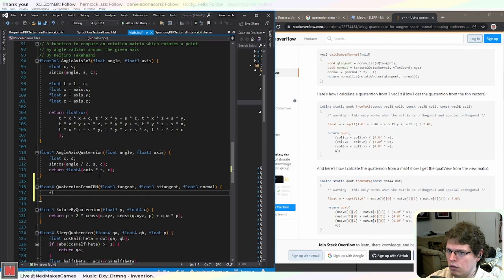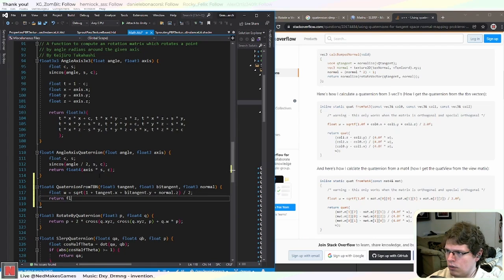Okay, so float W equals square root 1 plus, okay, so it's a diagonal, so tangent dot x plus bitangent dot y plus normal dot z, divided by 2, and then return float 4.